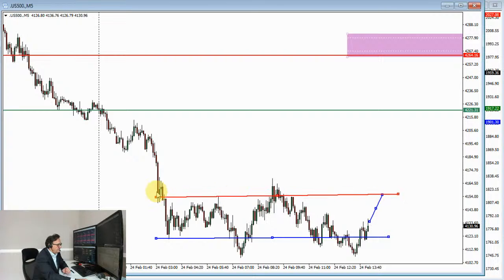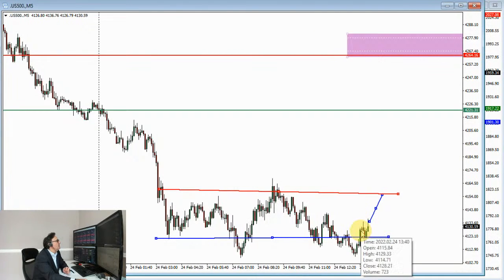Okay, so a retest of these highs from 41.30 up to maybe 41.54. If I'm wrong, I'll be stopped out very quickly at 41.20. So I have 10 points of risk here. If I'm wrong, I'll be proven wrong very quickly.